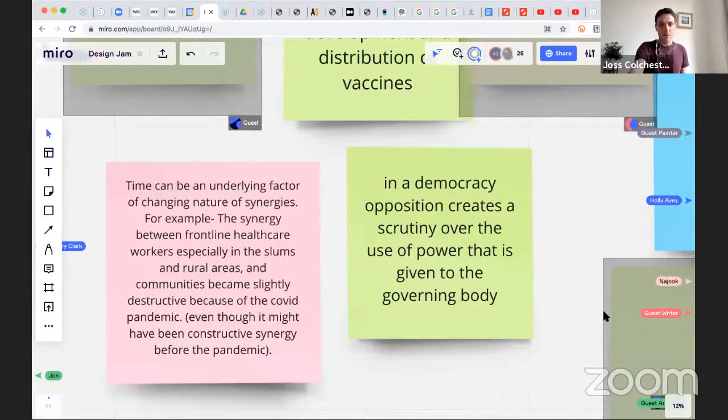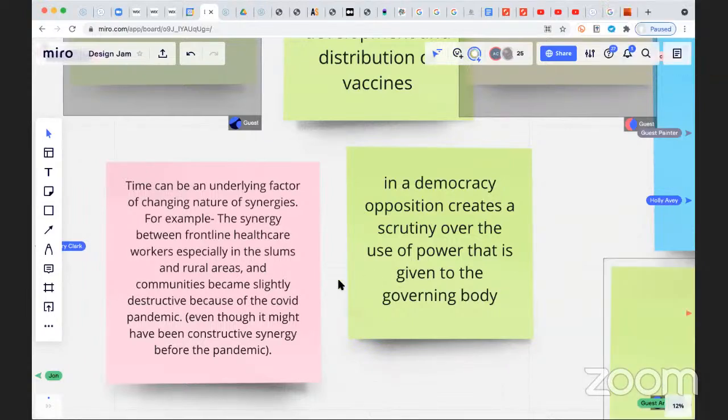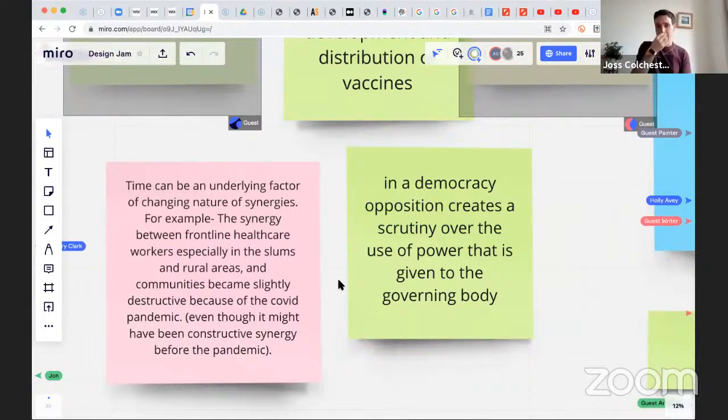Yeah, it's a good example, and it illustrates that the context matters. As you're saying here, you put two things together in one context where there isn't much stress, and it could be a positive synergy. You put them together in another context where there's a lot of stress, like a COVID pandemic, and they can create a negative synergy. It goes back to the idea of trust. Trust can be the kind of infrastructure of the context.